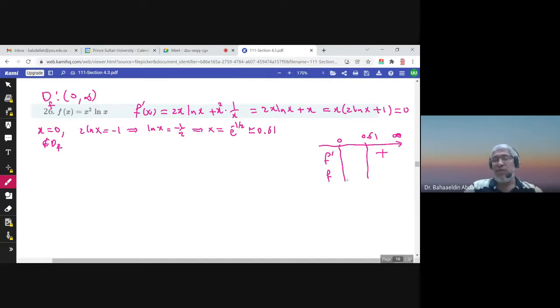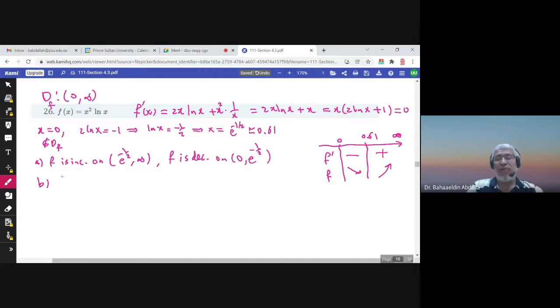So this is negative, so here it is decreasing, here it is increasing. So the answer to part A, f is increasing on e to the power negative half to infinity, and f is decreasing on the interval from 0 to e to the power negative half.